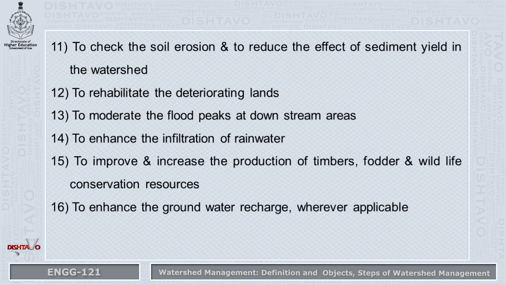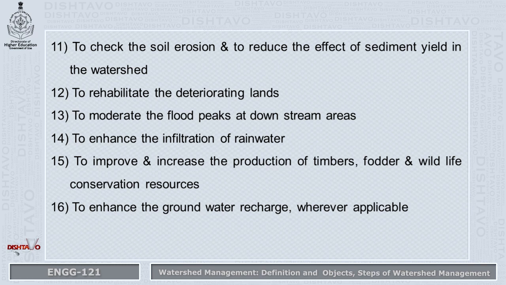Next, to check the soil erosion and to reduce the effect of sediment yield in the watershed. To rehabilitate the deteriorating lands, we can control the soil erosion there, we can stop the degradation of the soil. So it is a kind of rehabilitation. To moderate the flood peaks at downstream areas in rainy season, most of the areas are affected by floods, so we can control those floods.